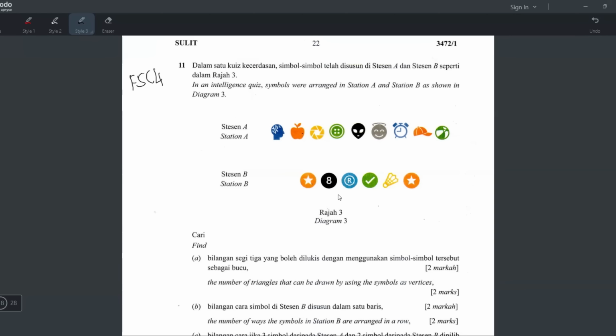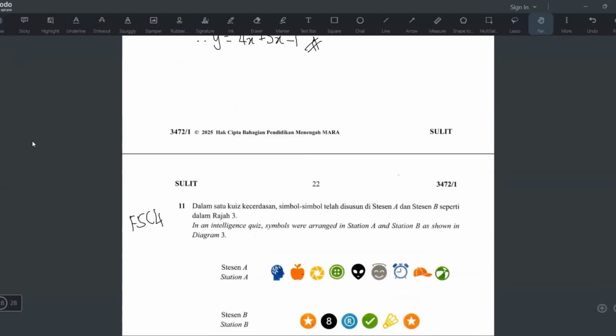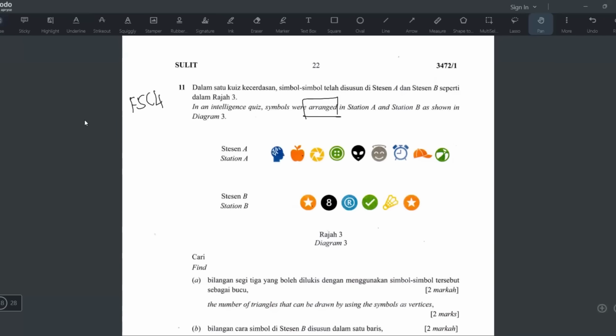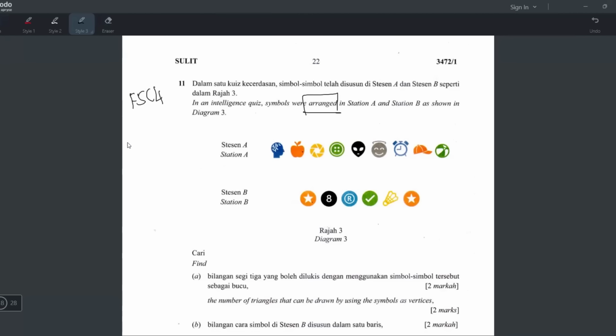So when there's repetition, when there's identical object, the formula is different for permutation. And also they already say the keyword arrange, right? Okay, so let's talk about the permutation for identical objects. Identical dalam bahasa Melayu kalau tak silap is secaman. Ya, objek secaman, maksudnya objek dia identical lah, sama.